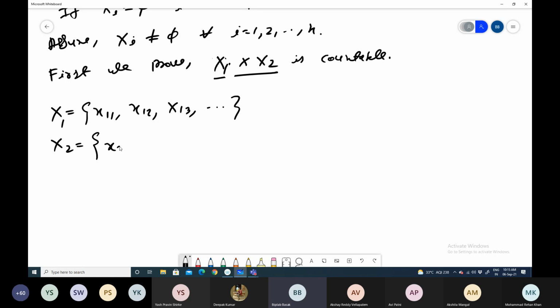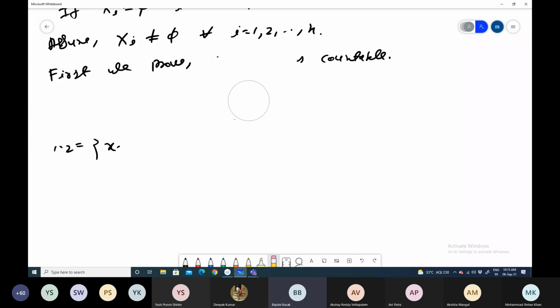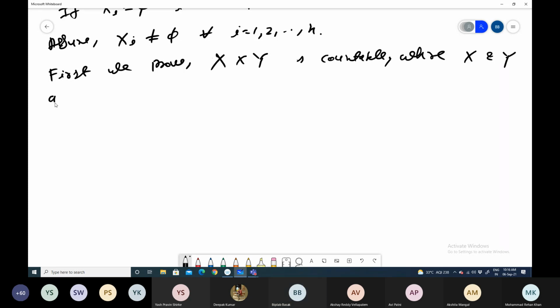There will be a problem, I think. It is better to replace with x and y. We first prove that x cross y is countable where x and y are countable. Otherwise, we have some notational problem.